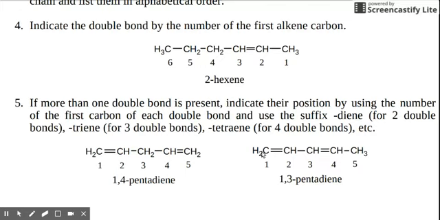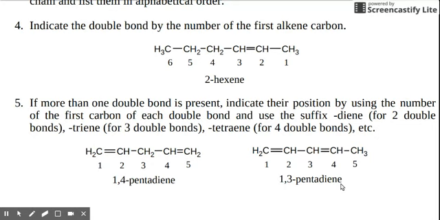So you start from the left, 1, 2, 3, 4, and 5. So these are numbers 1 and 3. Again, use the lower values. It's 1,3-pentadiene. Penta for 5 because there are 5 carbons, and diene because there are 2 double bonds.